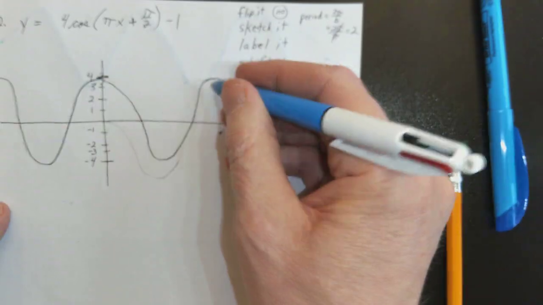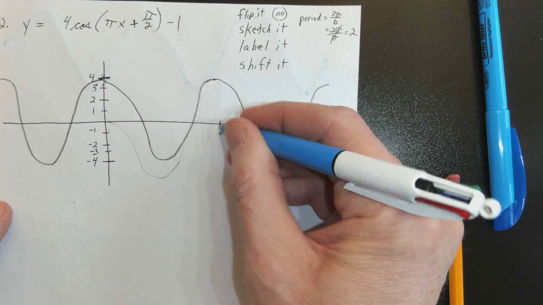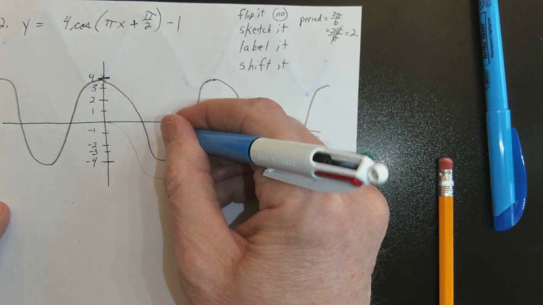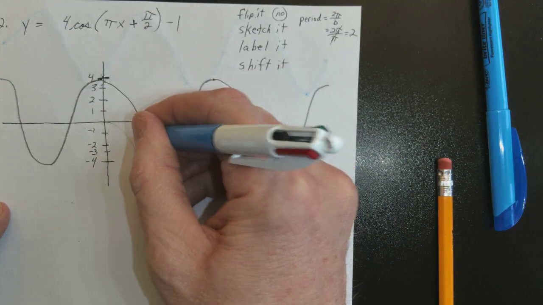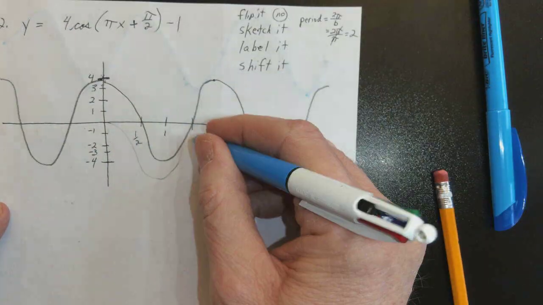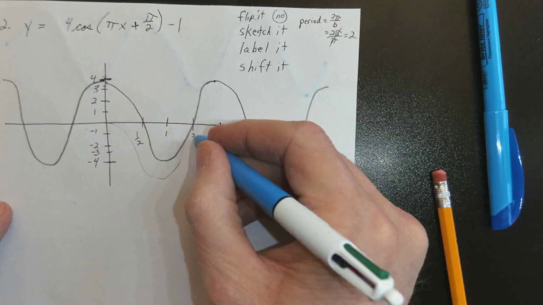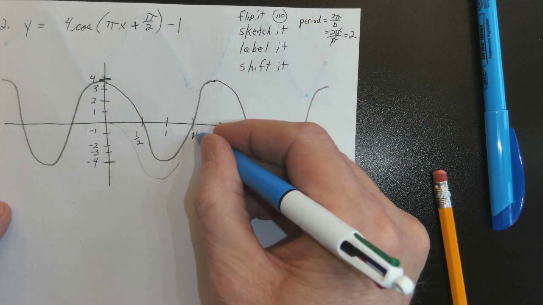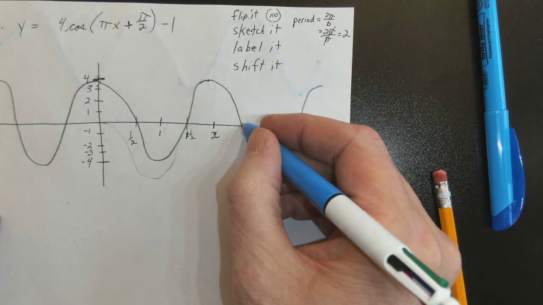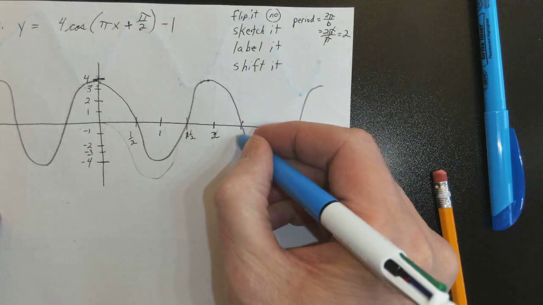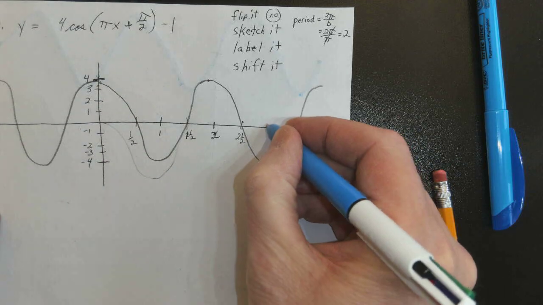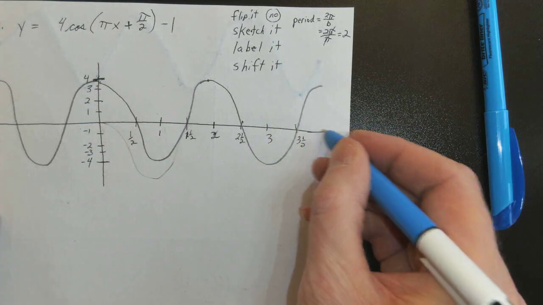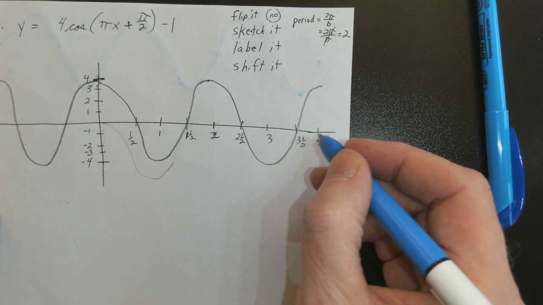And that goes from here to here. That is 2. Half of 2 is 1. Half of 1 is a half. This is 1 1/2. So we're going by halves. 2, 2 1/2, 3, 3 1/2, and 4.